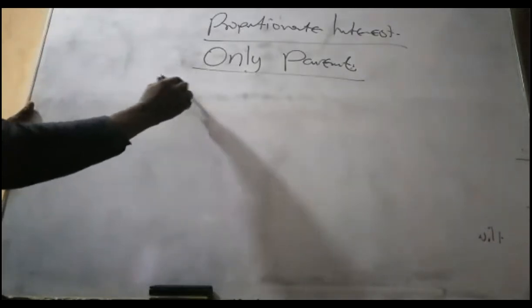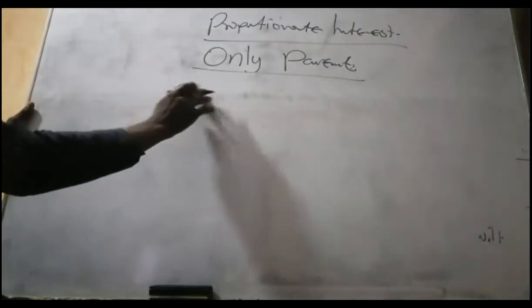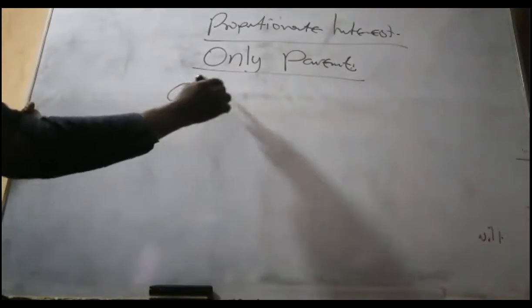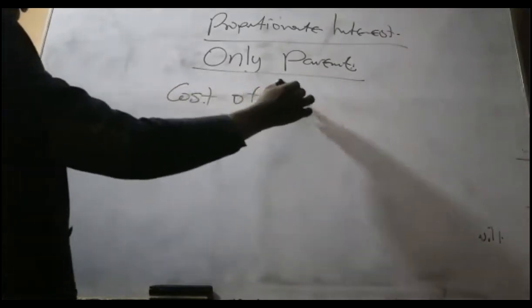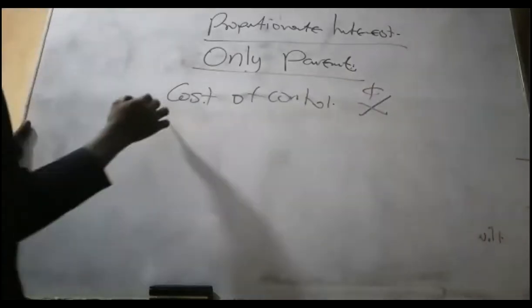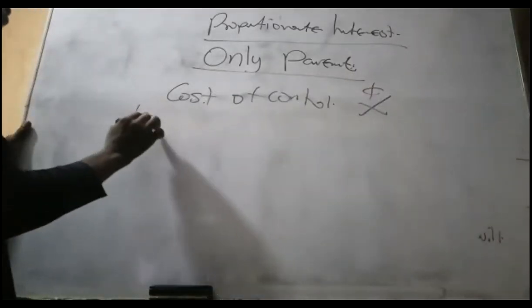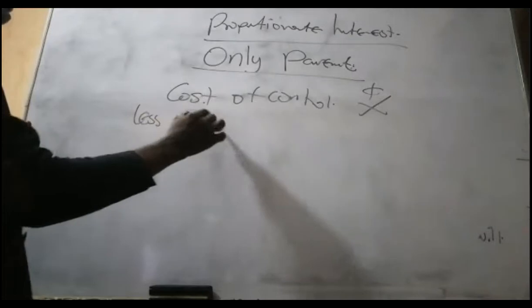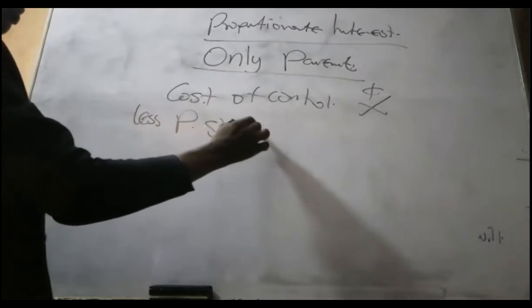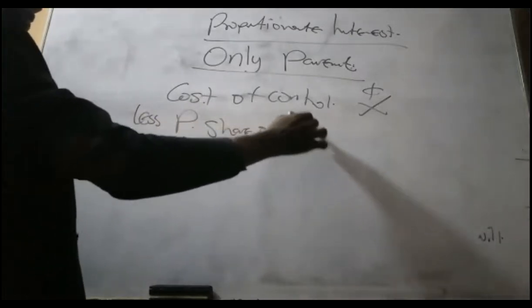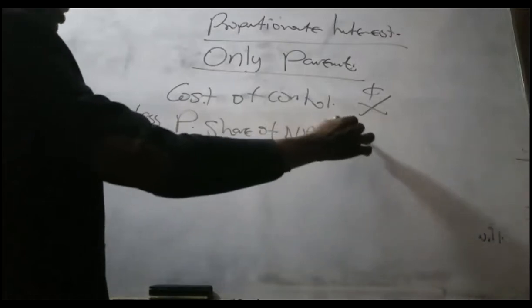So the cost of consideration, step two. Cost of control or cost of consideration, step two. So much. Then you say less the parent share of net assets at acquisition.